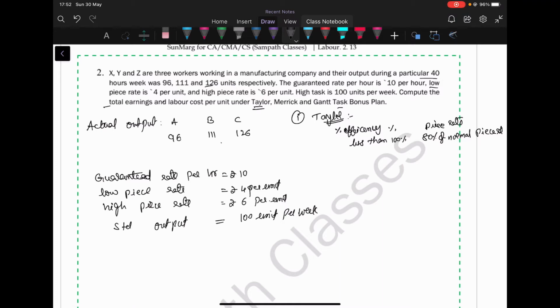If your efficiency is at or above 100%, then you will be paid 125% of normal piece rate.